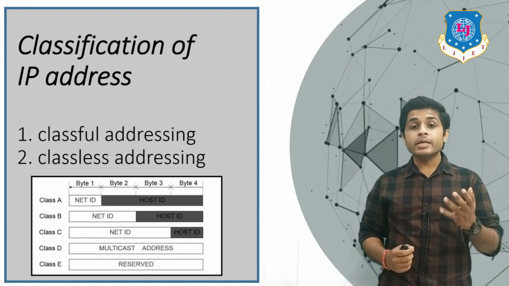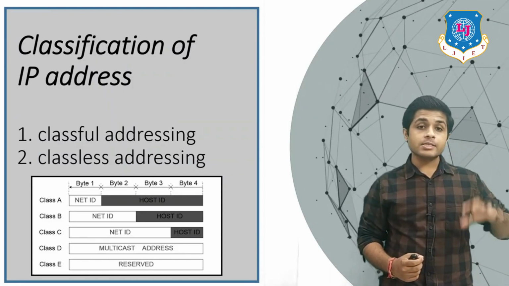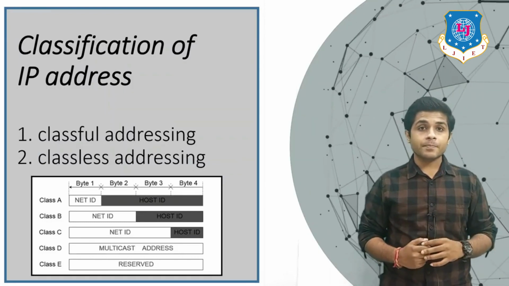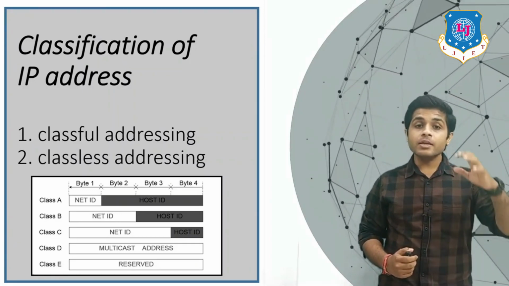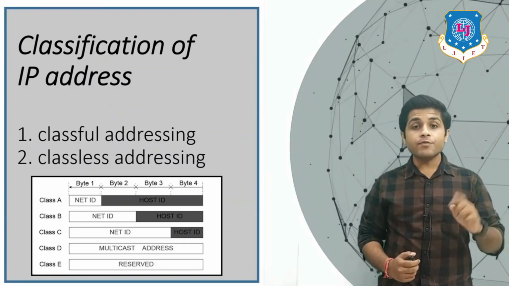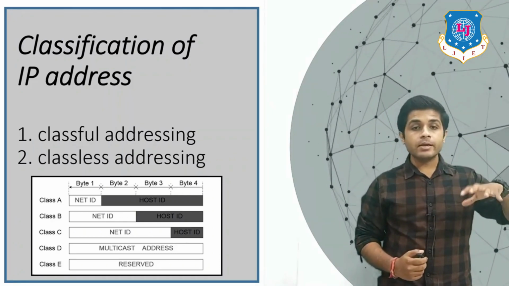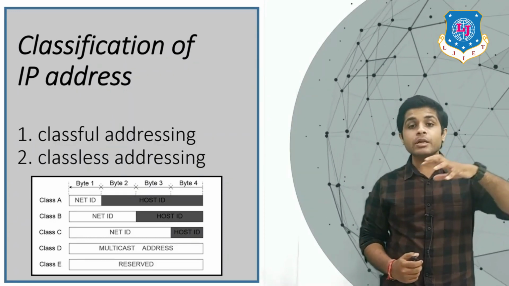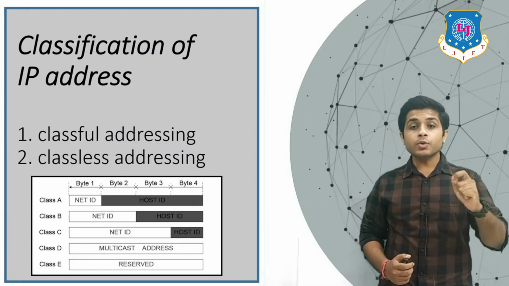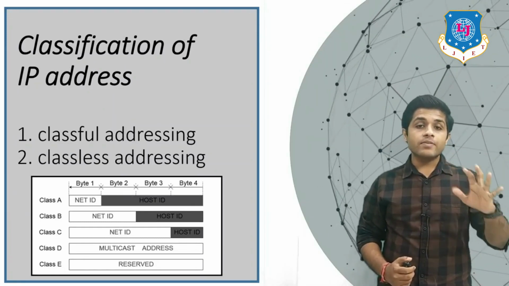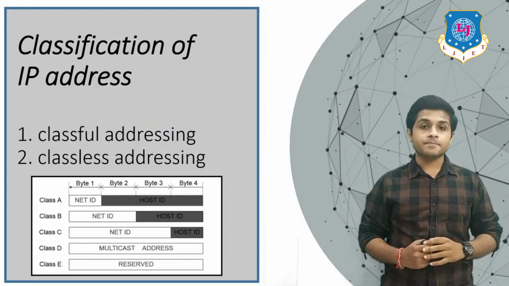So 2 raised to 8 means 256 individual networks are possible in class A. And from the host ID, you will know how many devices are possible in one network. In one network, 2 raised to 24 hosts are possible.